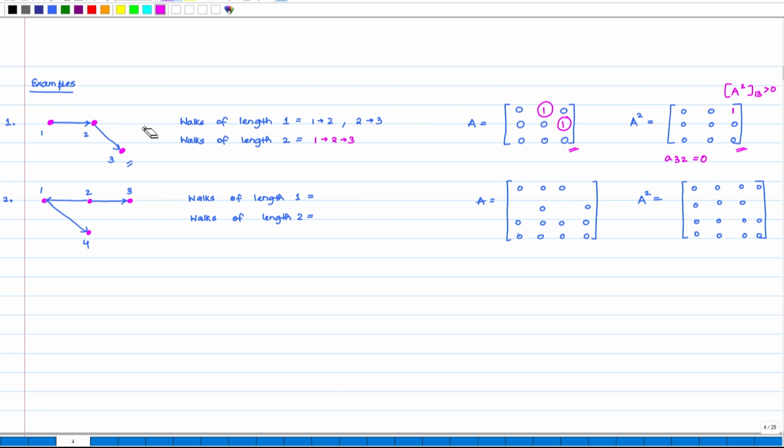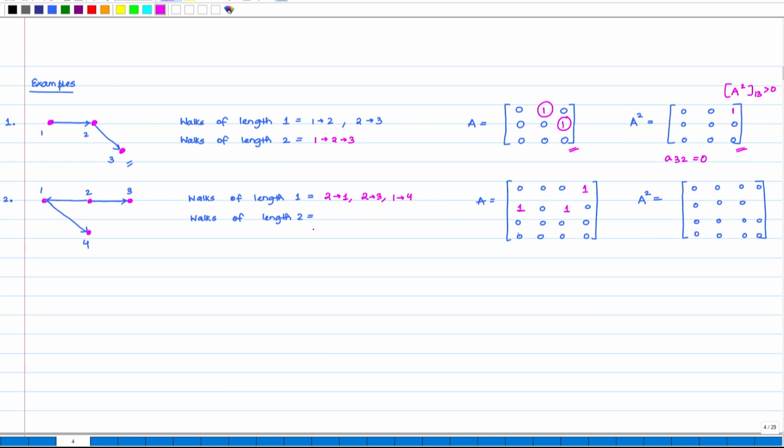Okay. Similarly, let's look at the second example shown here. Which are the walks of length 1? We see that there are 3 walks: 2 to 1, 2 to 3 and 1 to 4. Again, there will be only 3 entries in A which are non-zero, corresponding to walks of length 1.